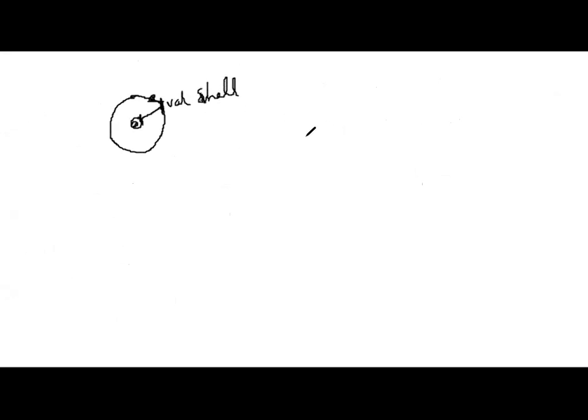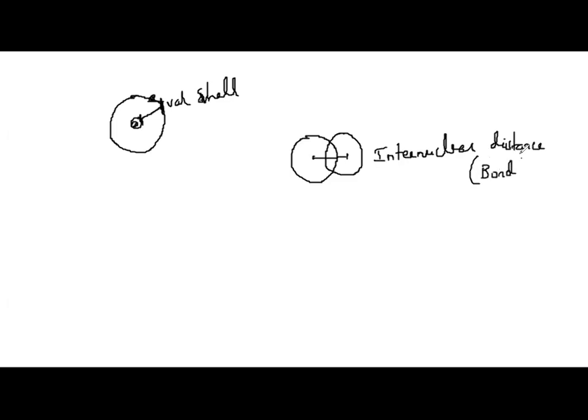And the other way is you have to consider a molecule. Each atom has its nucleus. Measure the internuclear distance. The internuclear distance also has a name, bond length.